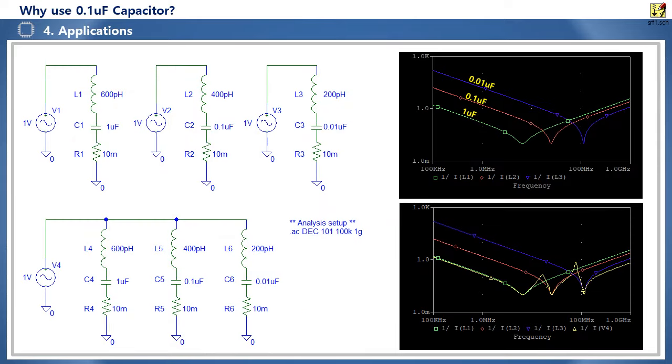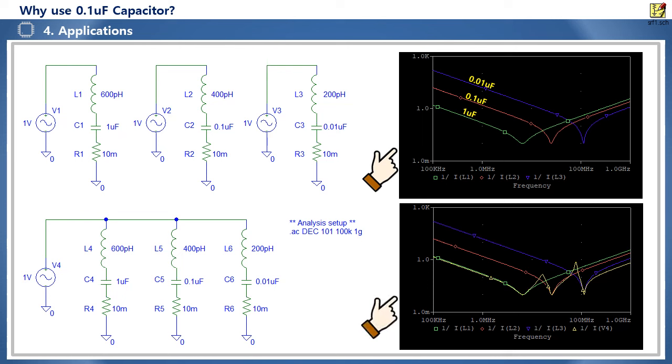This is a simulation result to view the impedance characteristics through a parallel connection of multiple MLCCs for bypass. These are the impedance waveforms of MLCC 1 microfarad, 0.1 microfarad, and 0.01 microfarad, respectively. The SRF of 1 microfarad, which has a large capacitance value, is the smallest and the SRF of 0.01 microfarad is the largest.